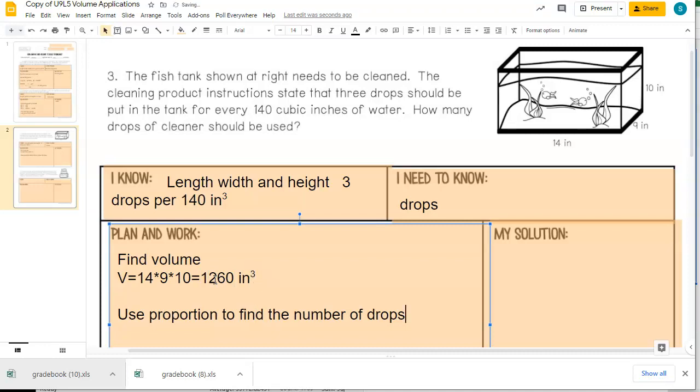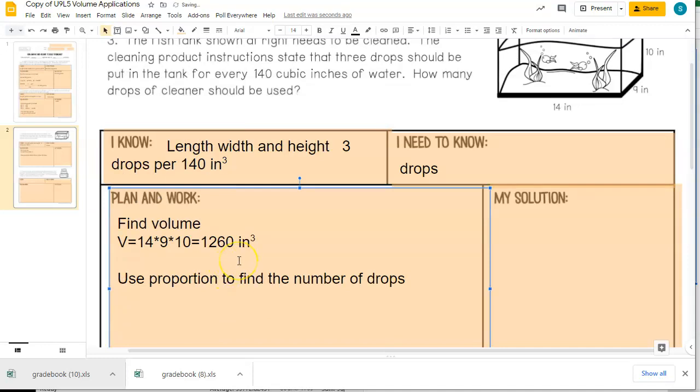Right? Now, we know that it is 3 drops over 140 cubic inches. Alright? And I can turn that into a fraction. And then that's going to be the number of drops that we need.